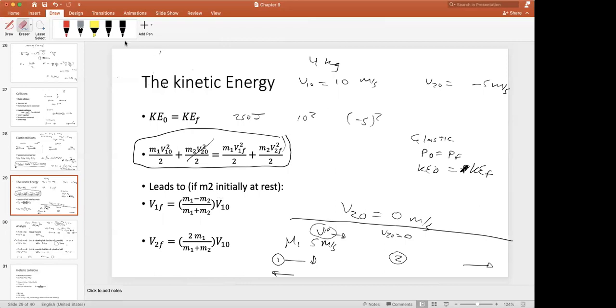That's the other idea, though: because the kinetic energy is conserved, sometimes you'll be asked to find the kinetic energy after the collision. What you would do there is find M1 V1 final squared over 2 plus M2 V2 final squared over 2. This is the final kinetic energy.